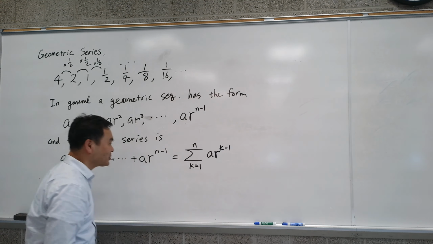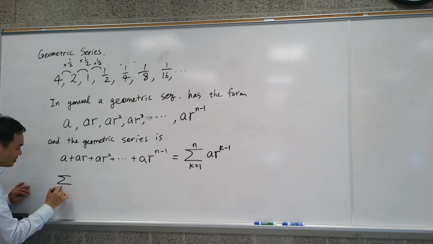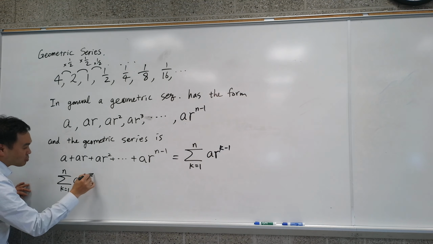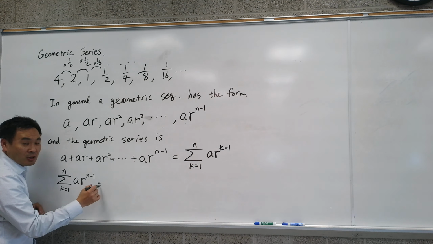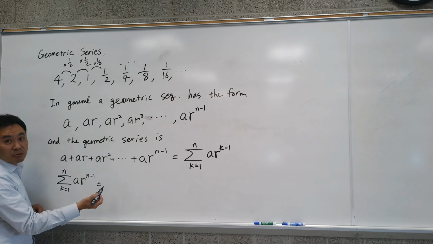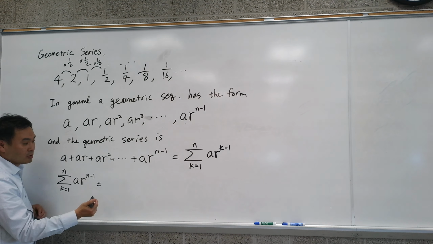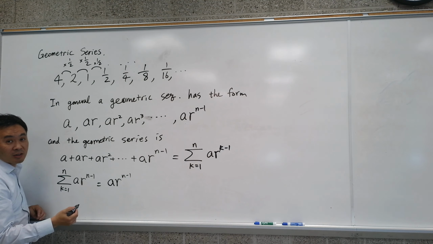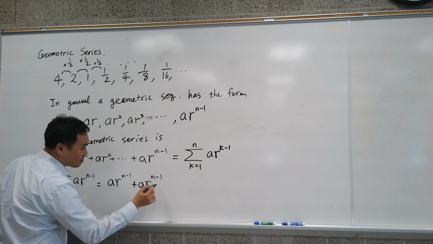So, okay, since that one's confusing, let me ask you the following. What if I put n minus 1 here? What would this produce? What's the very first term? When k is 1, what does this evaluate to? a r to the n minus 1 when k is 1, okay? When k is 2, again, you get this.